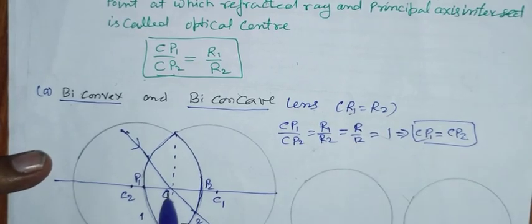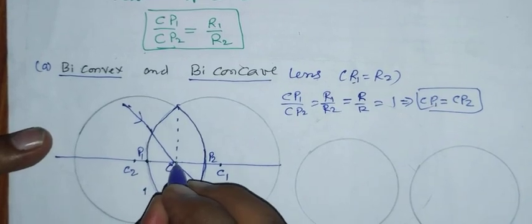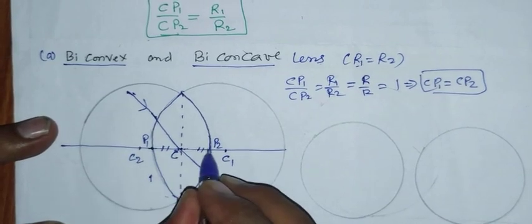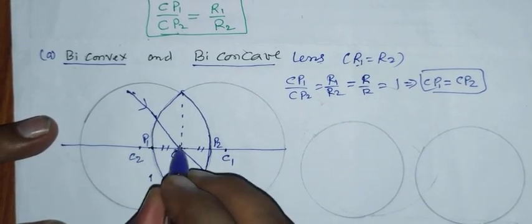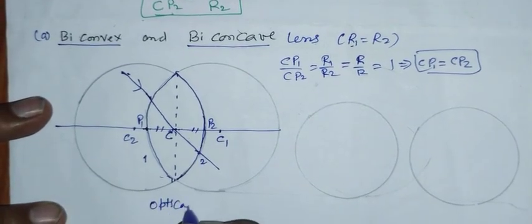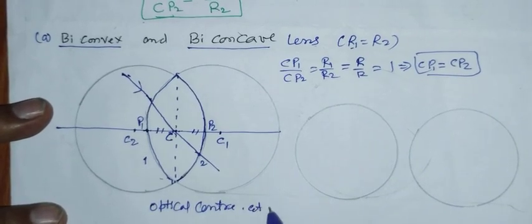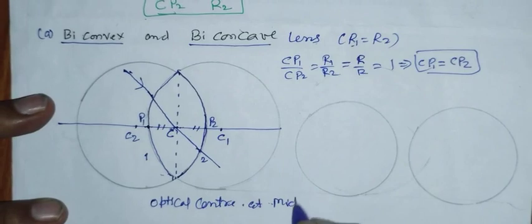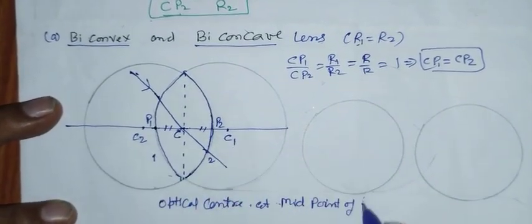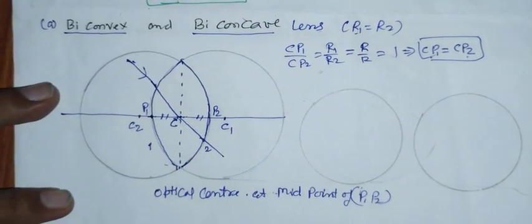Here in this case, if CP1, this distance, see here in the diagram carefully, is equal to this, then the optical center is found at the midpoint of P1 P2, because CP1 is equal to CP2.